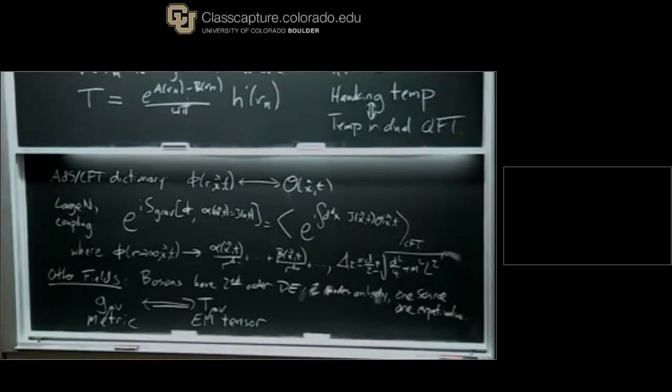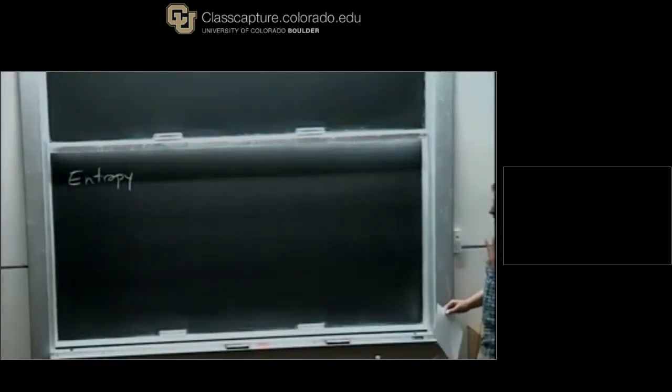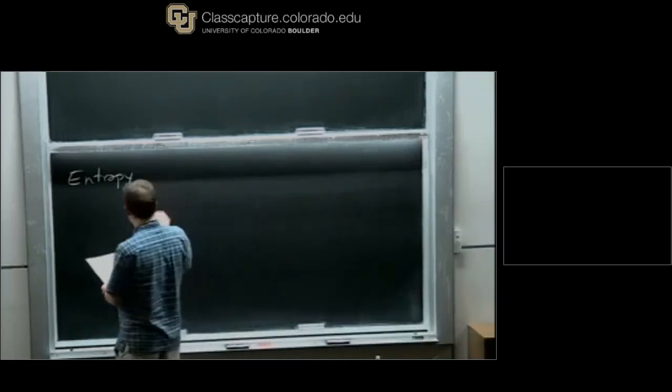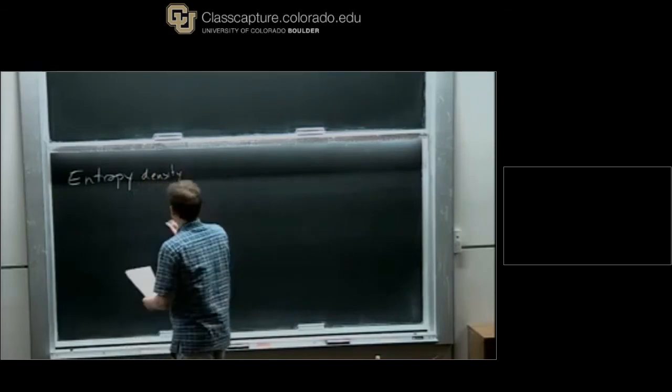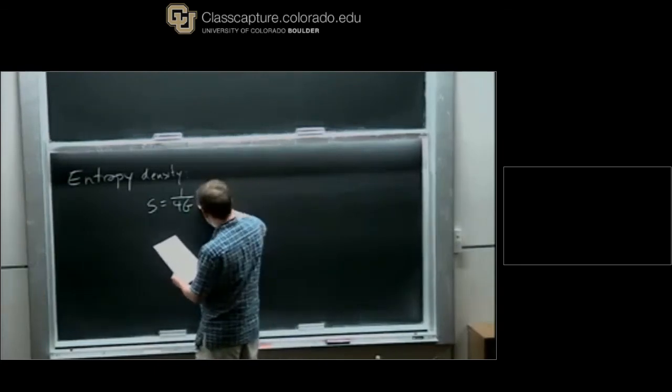Another thermodynamic quantity that we can think about is the entropy. Our black holes here are planar. They have a planar horizon. So there'll always be a factor of the volume there. So it's the entropy density that I'm really going to be interested in. So little s. And this is 1 over 4G times the area of the event horizon.